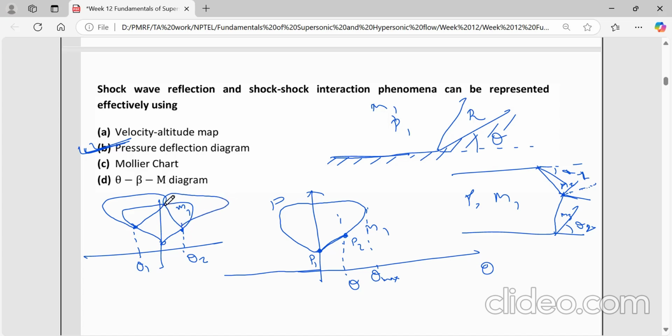Like this, these two meet here, so this will be the final flow angle, which is phi. Like this we can solve for the end pressure and the deflection angle. It is very easy to solve shock wave reflection and shock interaction phenomena using the pressure deflection diagram.